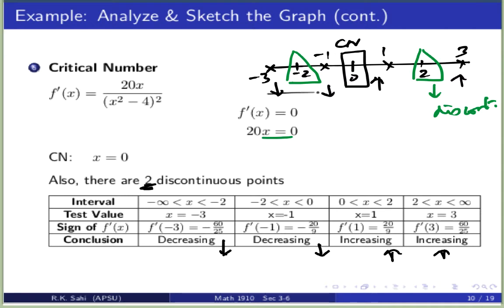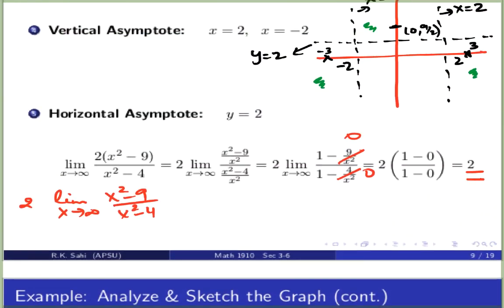The only thing I know, just looking at this by the first derivative test, is that my function has a relative minimum at x equals 0. And if you remember, x equals 0 is what?